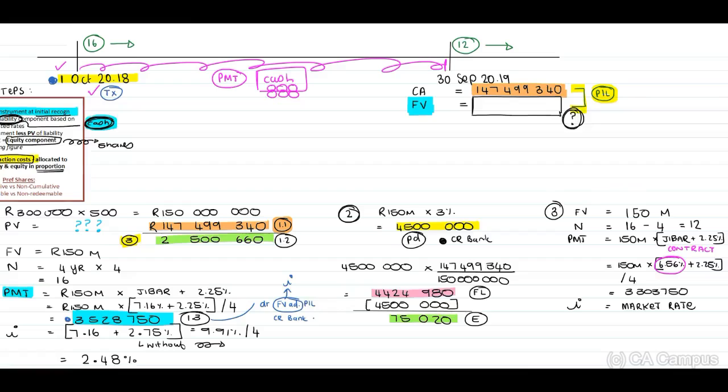In our calculation, our I will be now the 8.75%, but we need to divide this by 4, and this will be 2.19%. Therefore, our present value, which will be the fair value because we've used a market rate, will be 150,195,993. Okay. And we are now able to identify the movement.